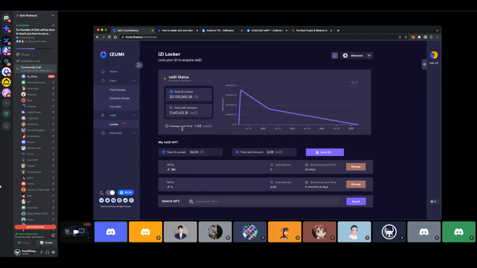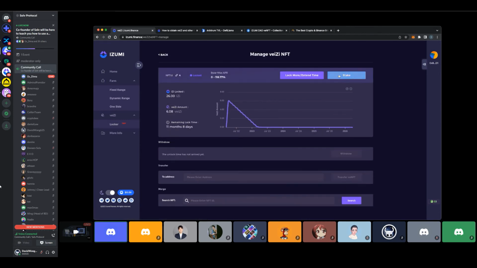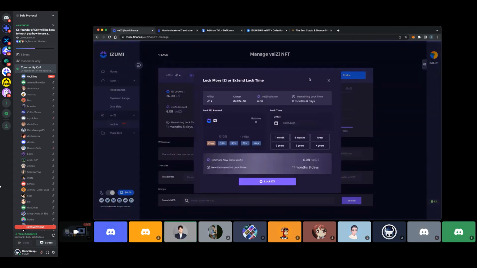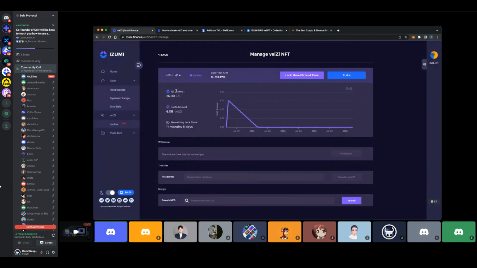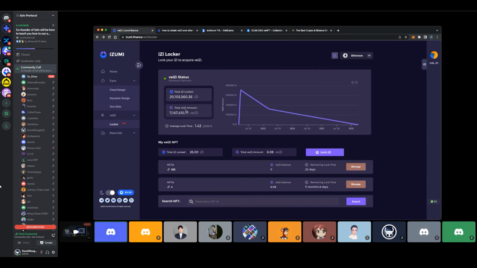So the maximum amount of time that you can lock your EASY is 4 years. So if you choose 4 years, then you get one-to-one EASY to VEASY amount. And therefore, you will be able to get more revenue, which IZUMI platform shares with all the holders of the EASY token.